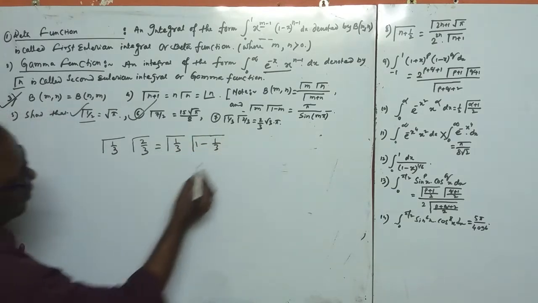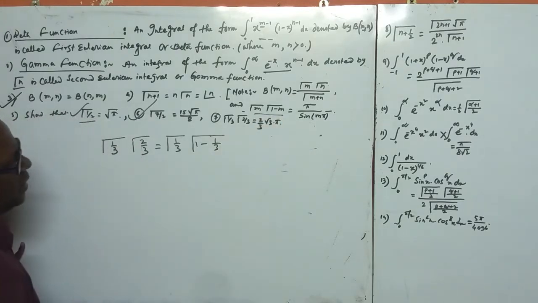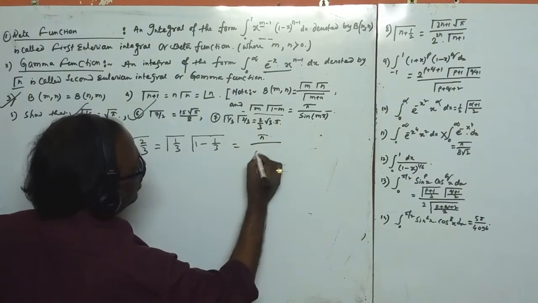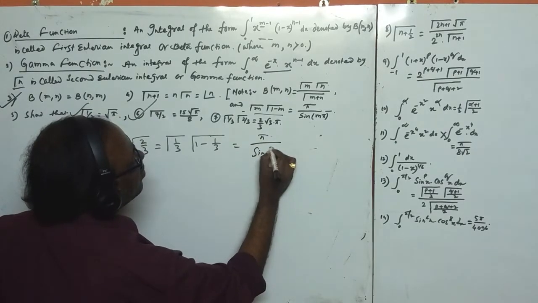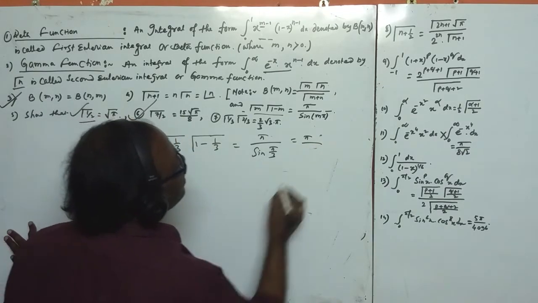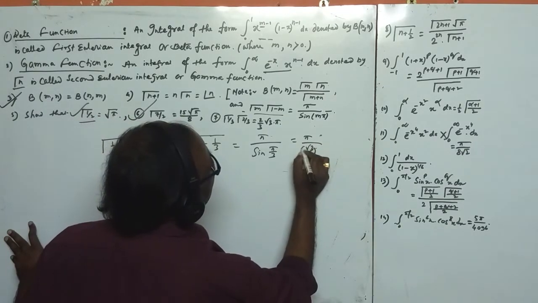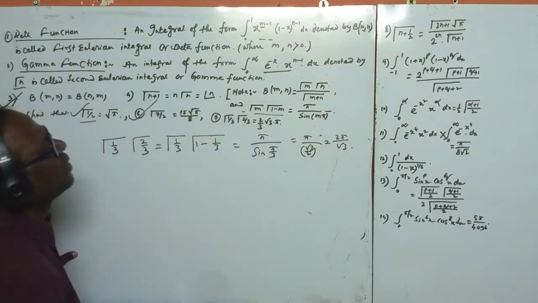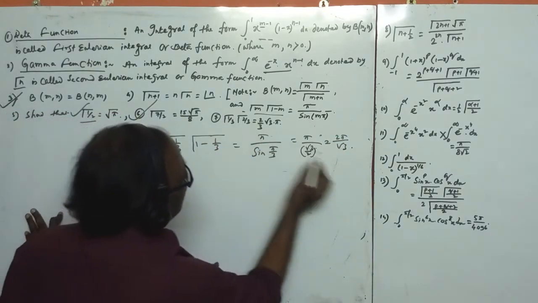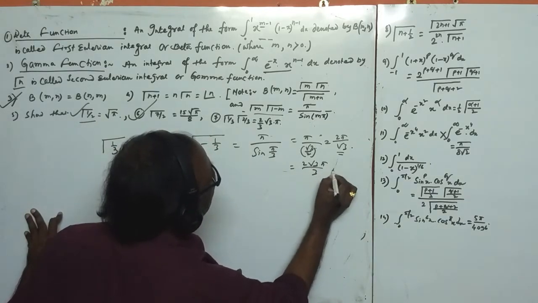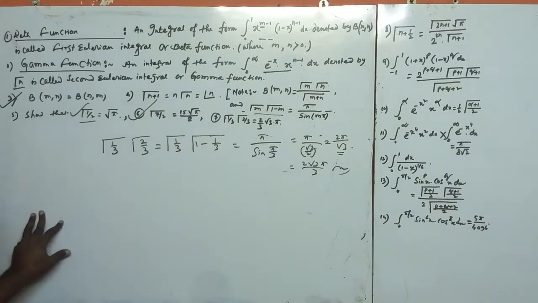See, from this point, m into gamma 1 minus m, it can be written as pi by sin pi by 3. So pi by 3 means that is 60 degrees, so sin is root 3 by 2, that is 2 pi by root 3 here. Rationalize this root 3, so 2 root 3 pi by 3. Okay, this is your answer.